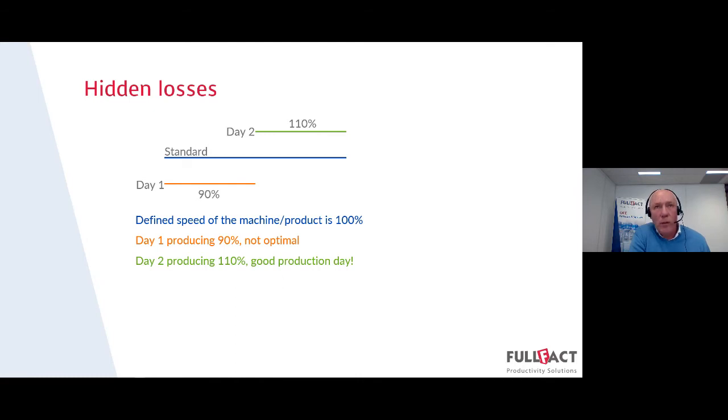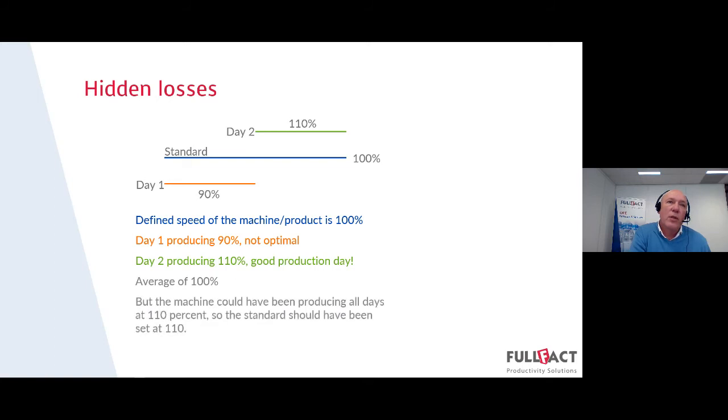But in fact, what you really did was you started the machine at 90% and day two at 110%. Day one could have also started at 110%. So on day one, you actually had a loss of 20%. And that's a hidden loss that will be visible when you use the software and you look at the performance and availability.